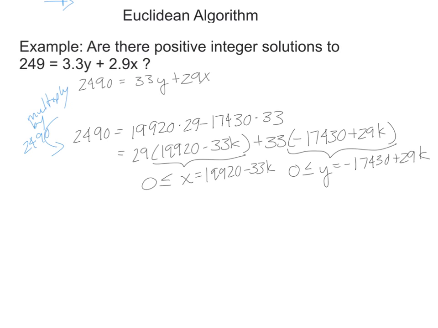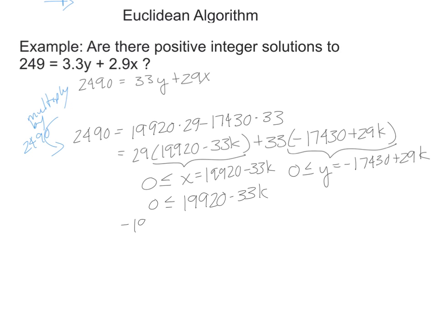So when I look at this equation of x, that gives me a restriction on k. Let's see, I have 0 is less than or equal to 19920 - 33k.